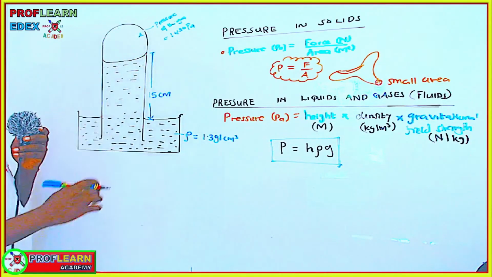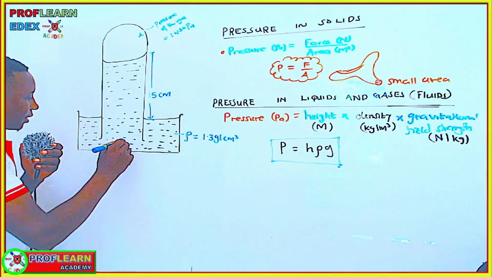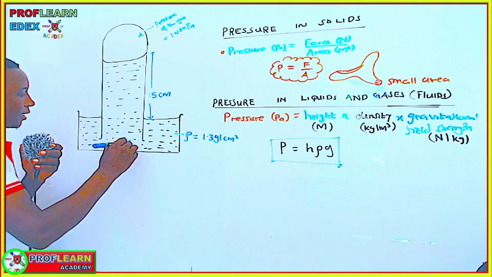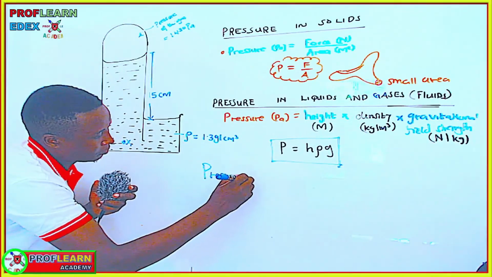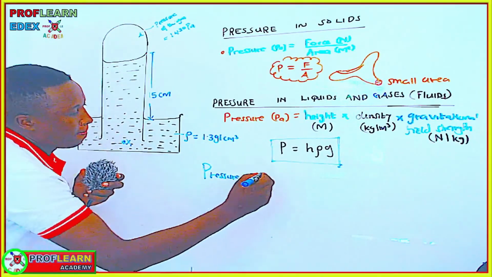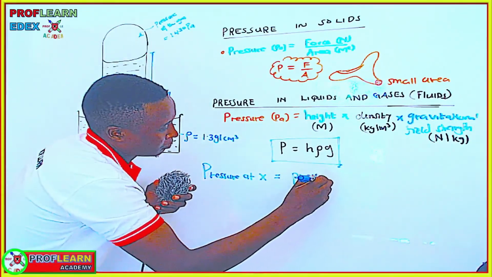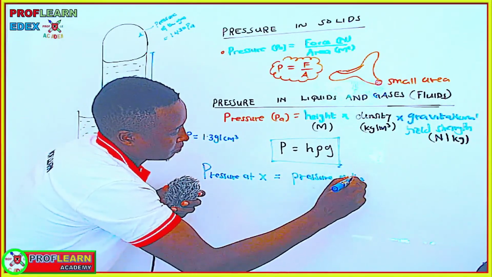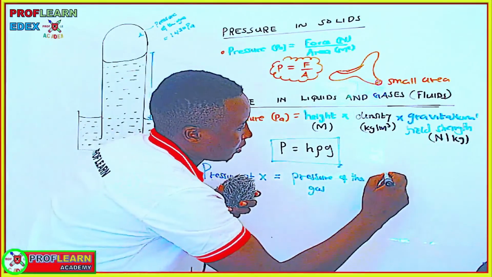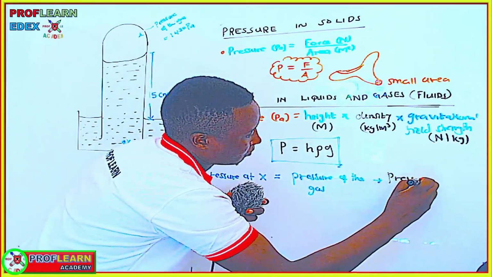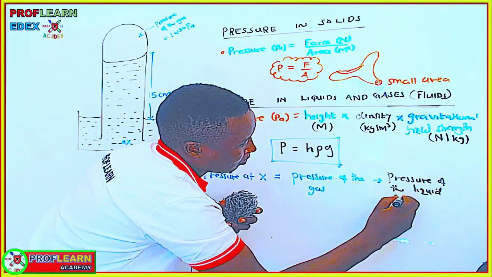If you are supposed to work out the pressure down here at point X, the pressure at X is going to be the pressure of the gas plus the pressure of the liquid column.